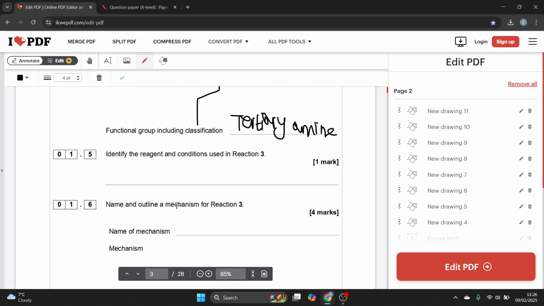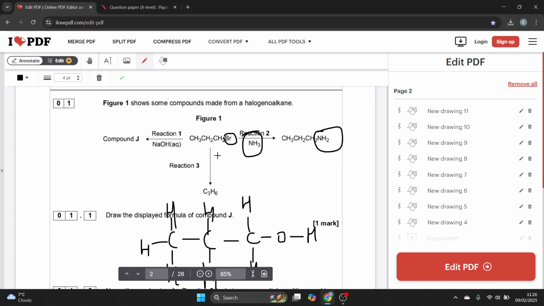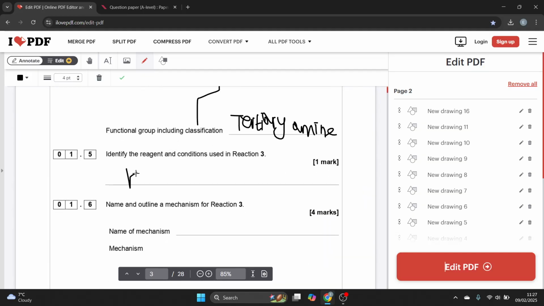Identify the reagent and conditions for reaction 3. In reaction 3, I'm going from a halogenoalkane to an alkene, because C3H6. So what conditions are that? Halogenoalkane to alkene: potassium hydroxide and ethanol, reflux.